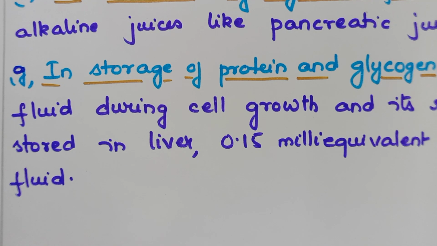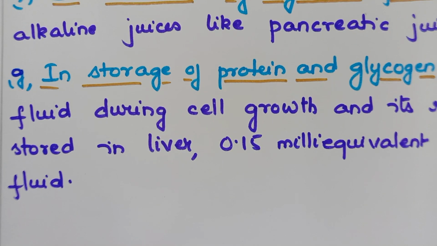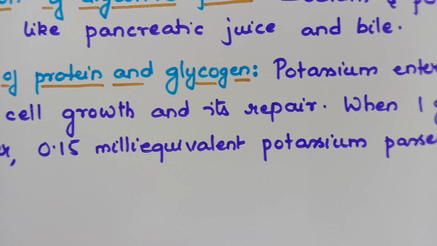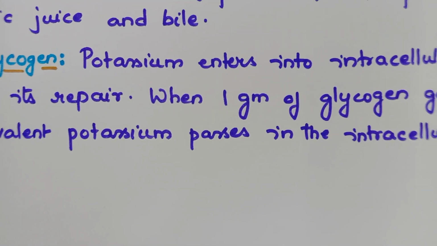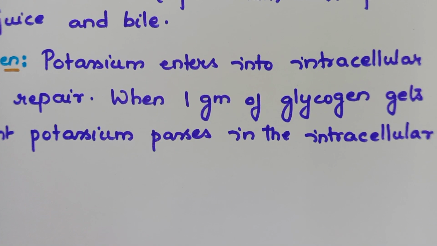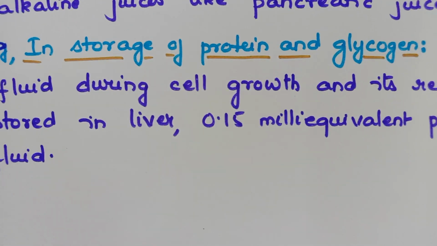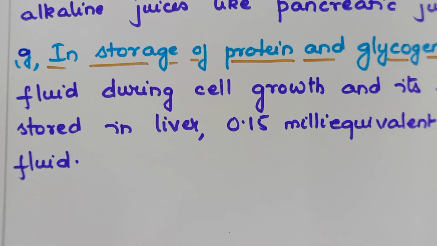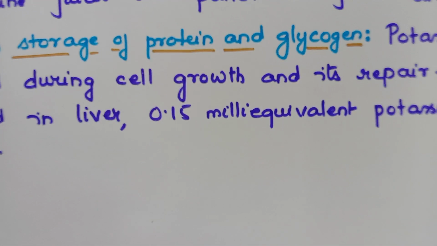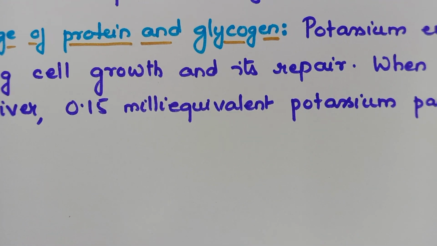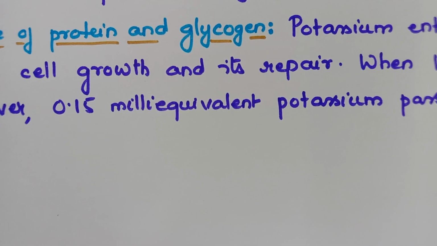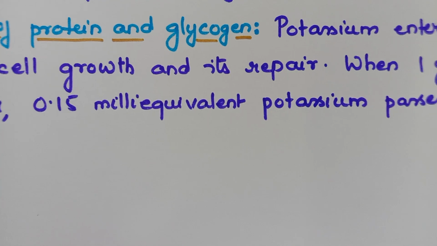Now, when 1 gram of glycogen gets stored in liver, 0.15 milliequivalent potassium passes into the intracellular fluid. Here you can see it is only about potassium, students. So when 1 gram of glycogen is stored in liver, what happens? 0.15 milliequivalent potassium enters the intracellular fluid.